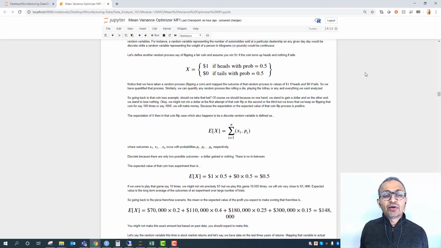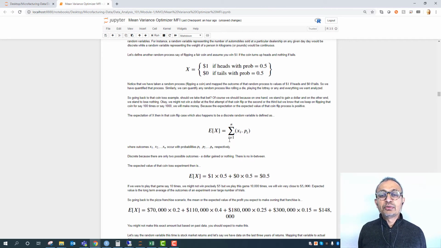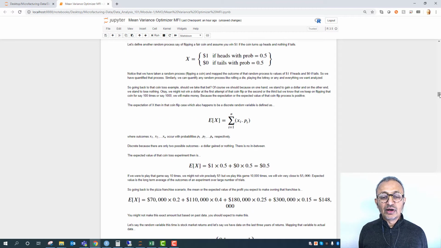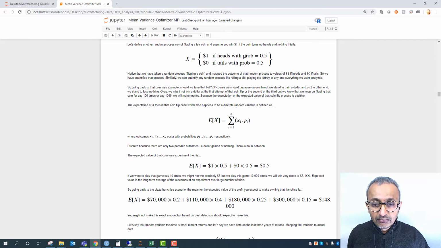So the expectation of X in that coin flip case, which also happens to be a discrete random variable because you only have two choices, 1 and 0, is defined as E of X, that's expectation of X. You basically look at the outcome, which is $1, multiplied by the probability of that outcome. So $1 times 0.5 means it's 50 cents at the first try, plus, so this thing is a summation, right?